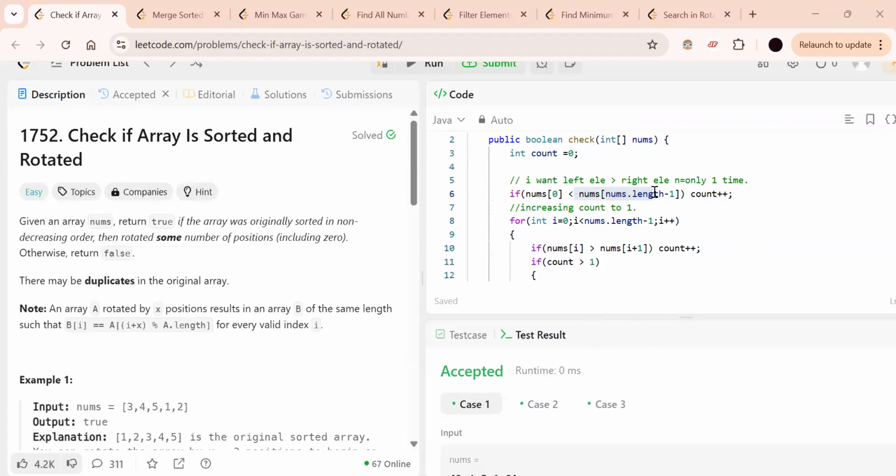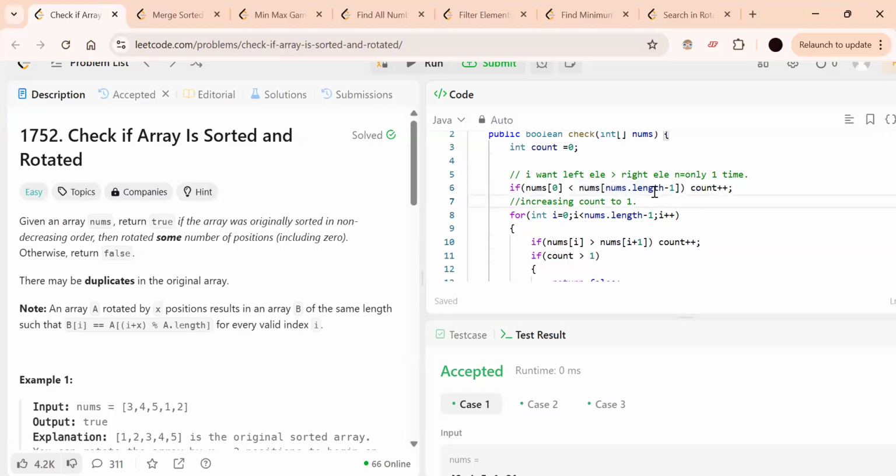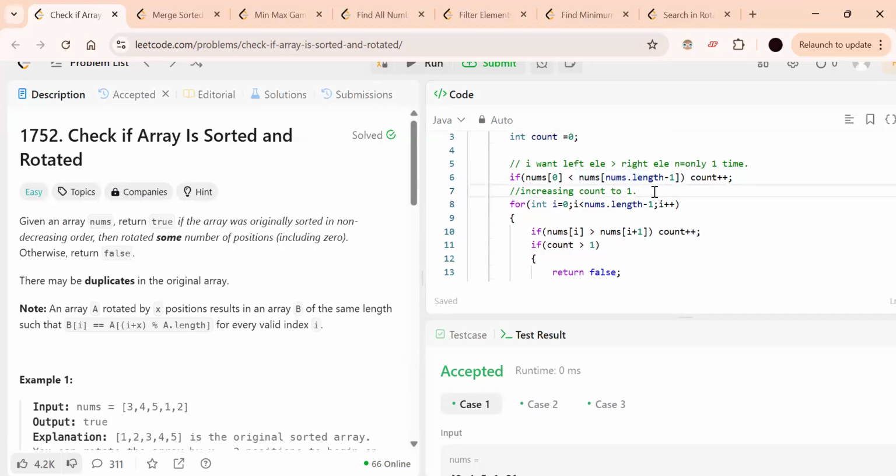Is it possible to find this scenario anywhere? No. If you find this, then you should say it is false. But the point is, we are using the same variable in both places. You can use a different variable and a different flag, but we are using a single variable. So that's the reason we are increasing the count to 1.